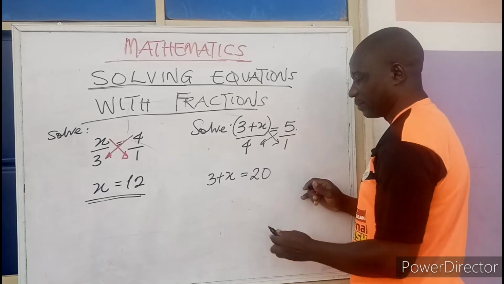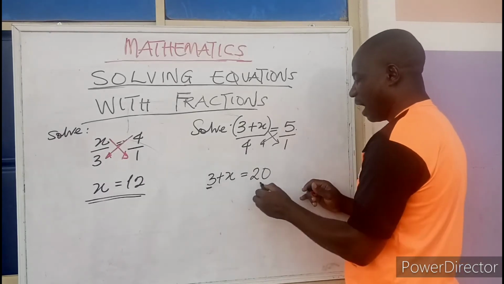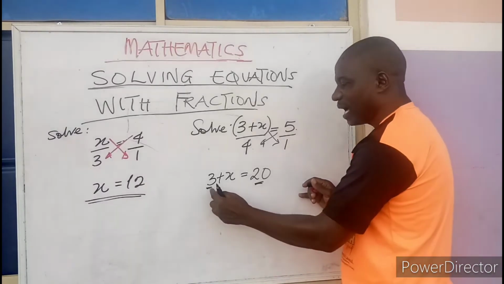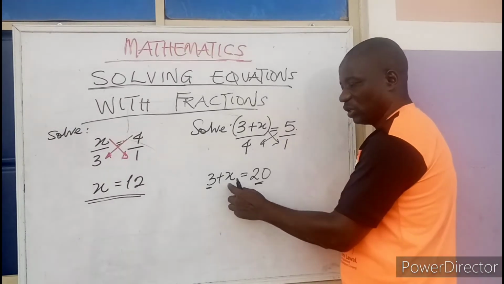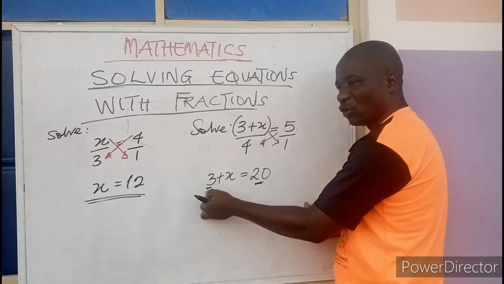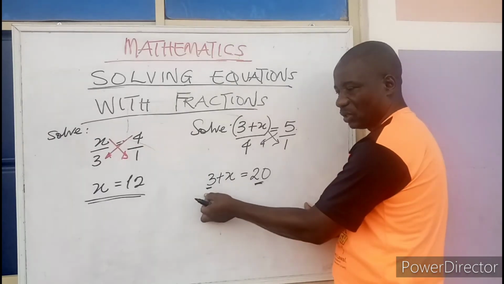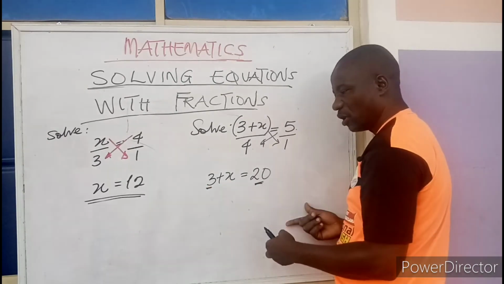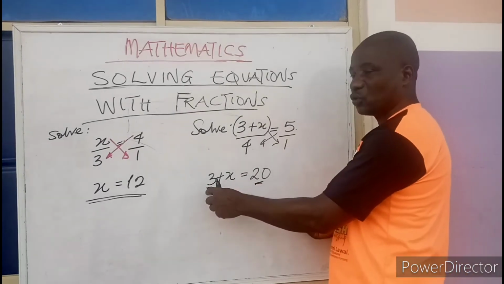Class, can I collect the like terms? What are my like terms? 3 and 20, they are like terms. Never you add 3 plus x, because this is an alphabet, while this is a number, you cannot add them together. You can add alphabet to alphabet, number to number, but you cannot add alphabet to a number.